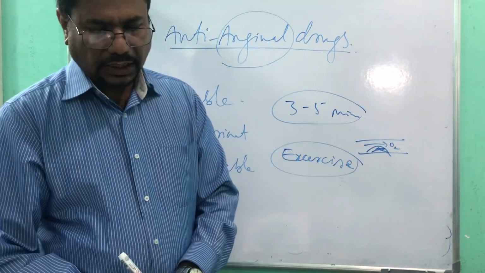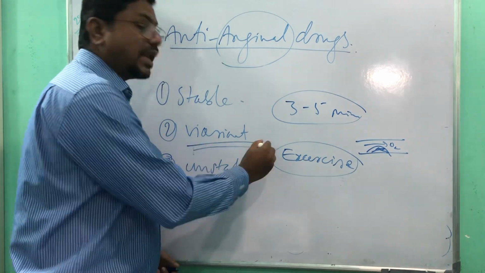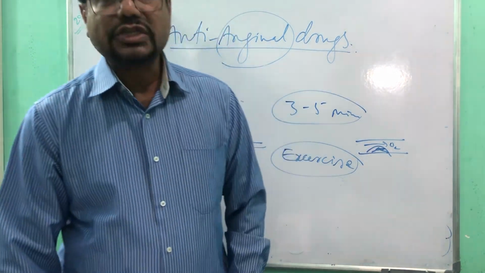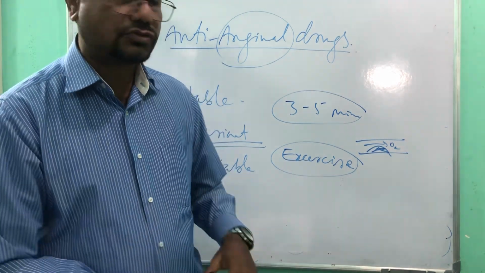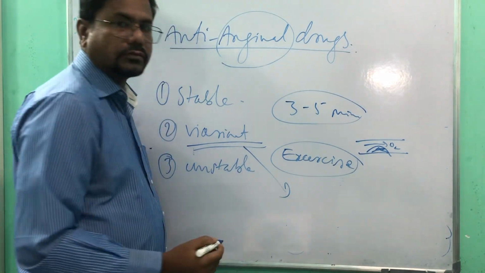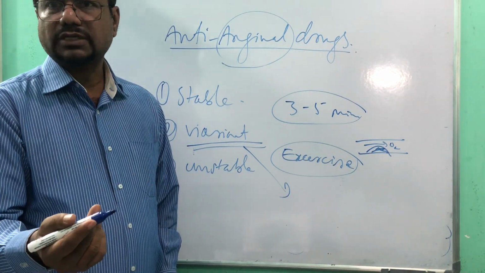The first one is classical. The second is variant angina. It is also called Prinzmetal angina. Another name is vasospastic. What do you mean by vasospastic? I told you vasospasm. What is vasospasm?